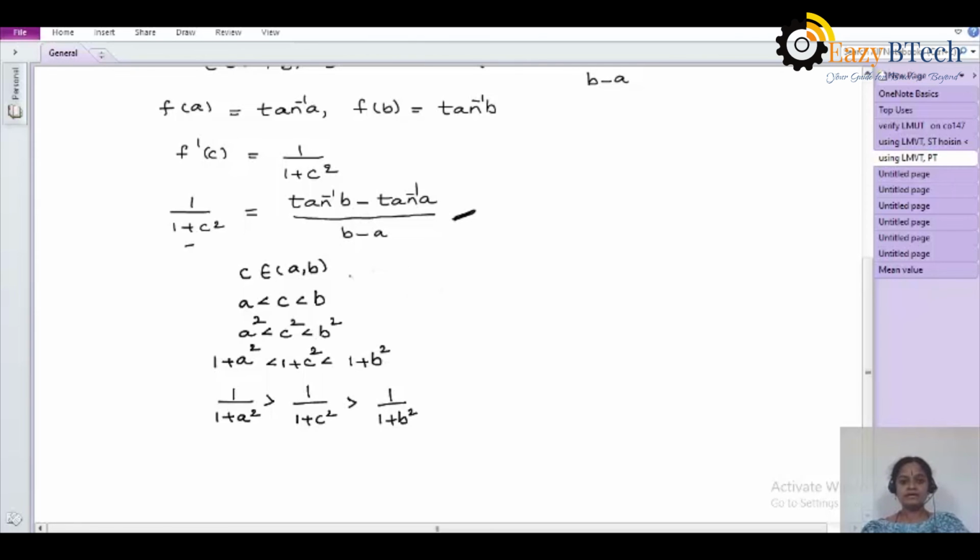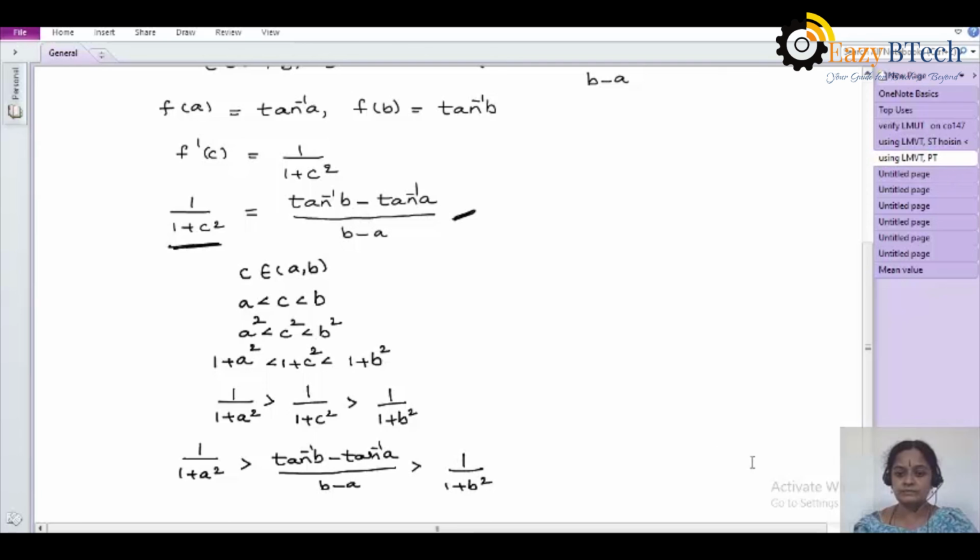So now we have this value. What is that value, students? The value 1/(1+c²) we have here. Substituting this value in the middle of this statement, 1/(1+a²) > (tan⁻¹b - tan⁻¹a)/(b - a) > 1/(1+b²).